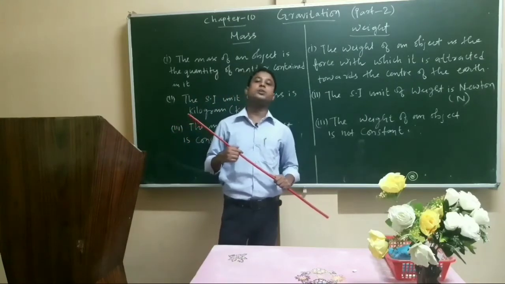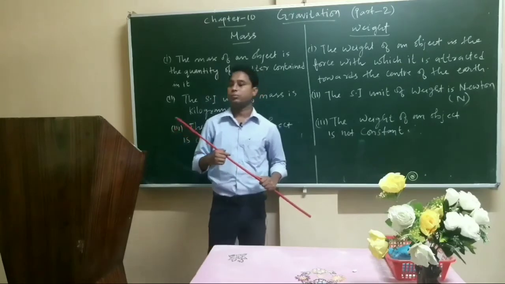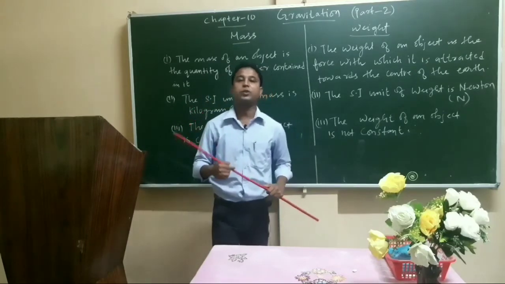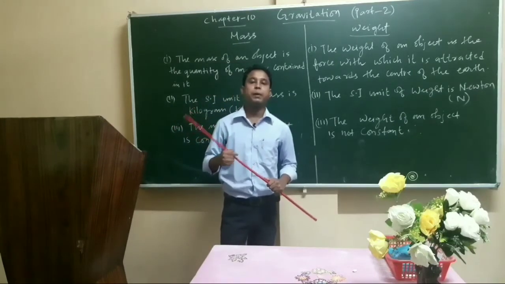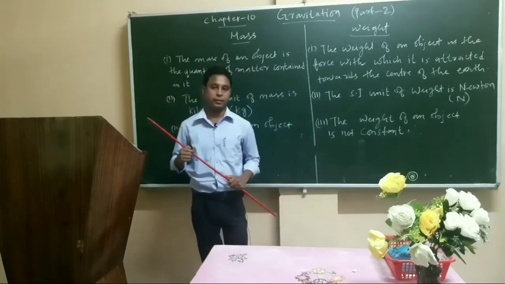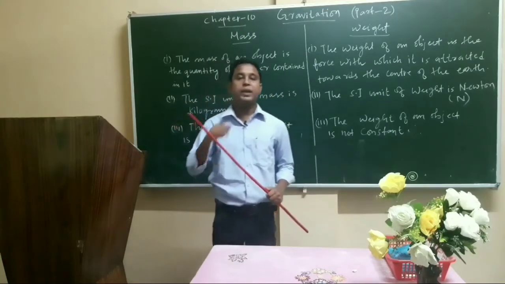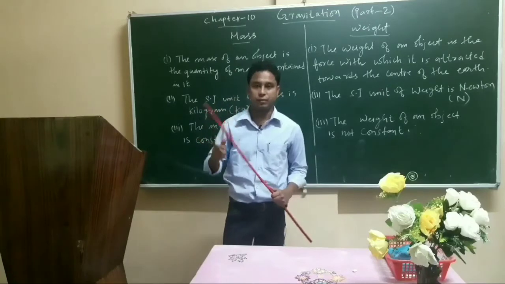Pressure is equal to thrust by area, and the SI unit of pressure is Newton per meter square. We have one more term for it, that is Pascal.